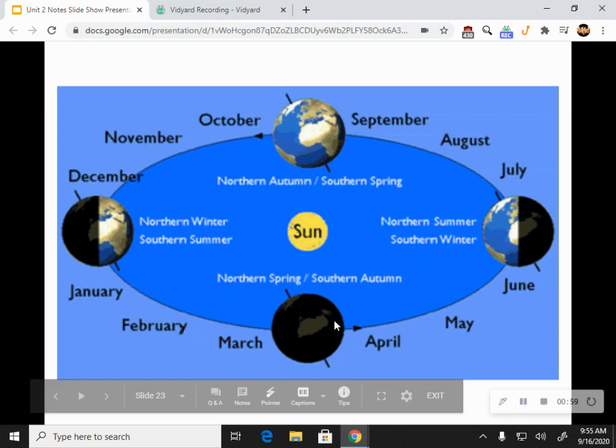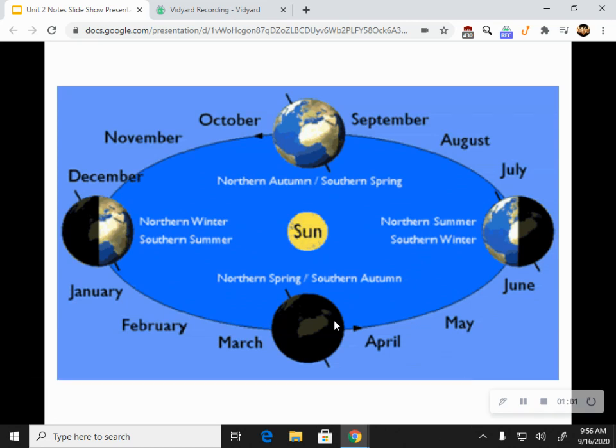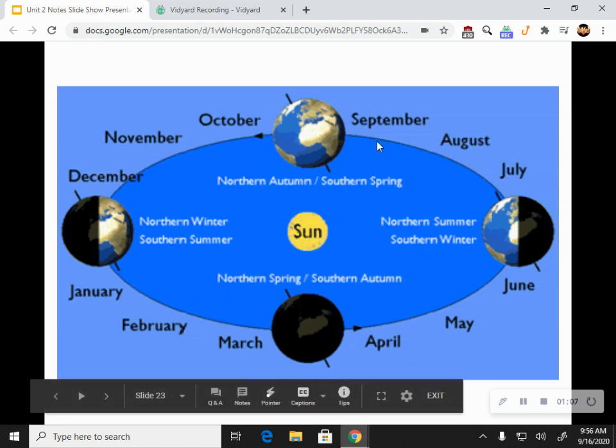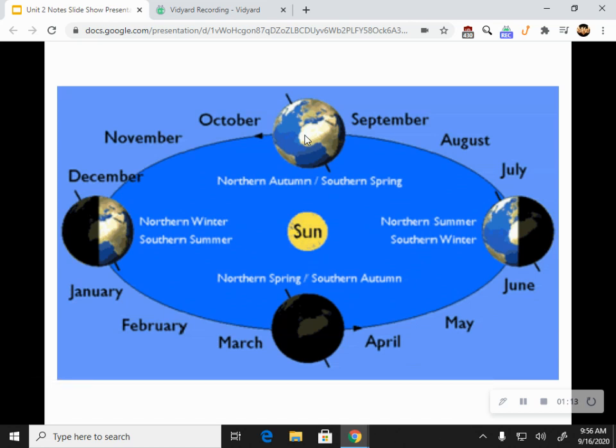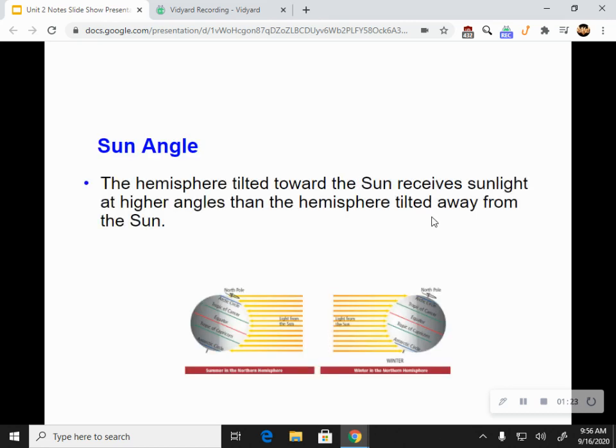Whatever the southern hemisphere is in, we are the opposite. Northern hemisphere is about to be in the fall equinox, and that will mean that we are going to be in our autumn or fall, and the southern hemisphere will be coming into their spring.